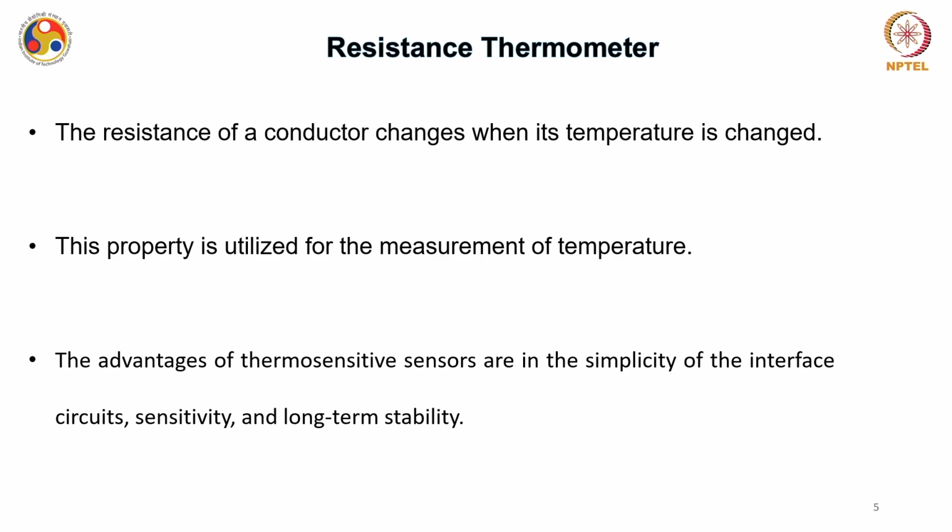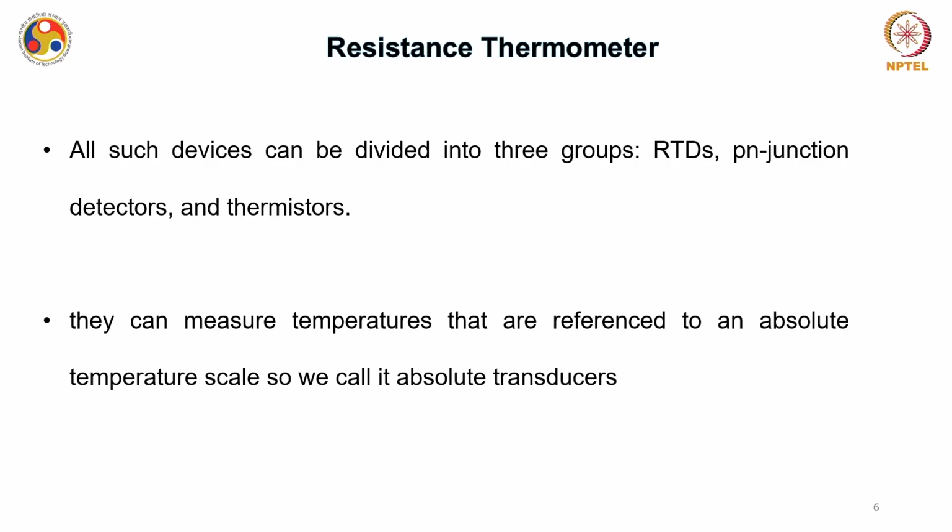The advantage of these devices is that they are very simple, which means their interfacing circuits are also not very complex, and their sensitivity and stability are also very good. These resistive thermometers can be of different types, like RTDs, PN junction detectors and thermistors.